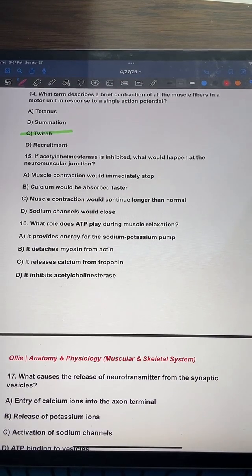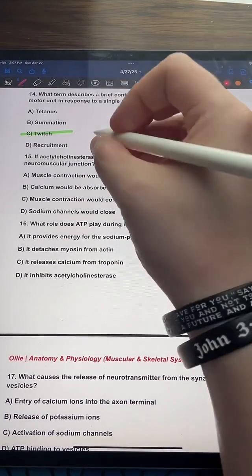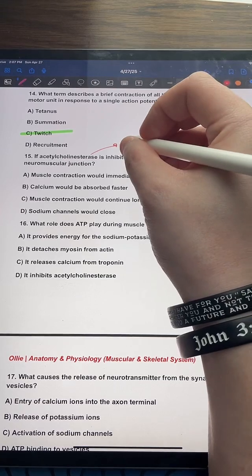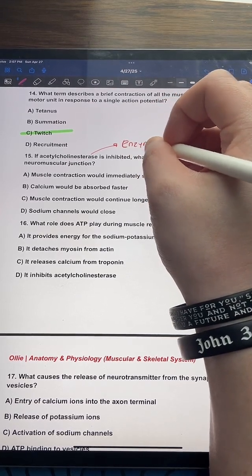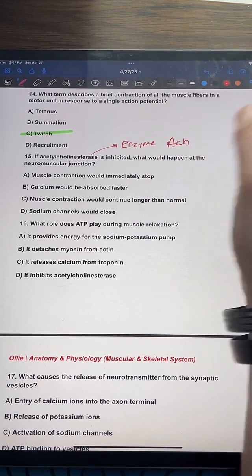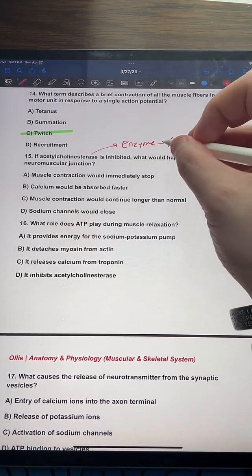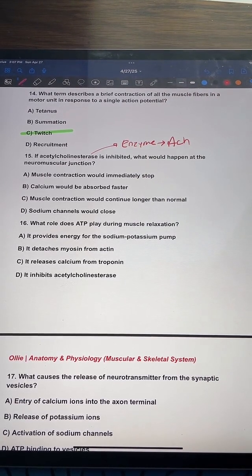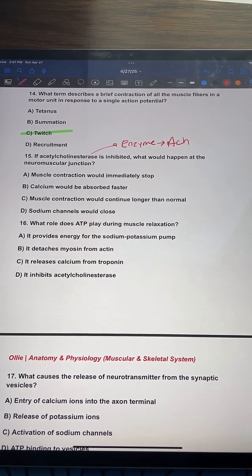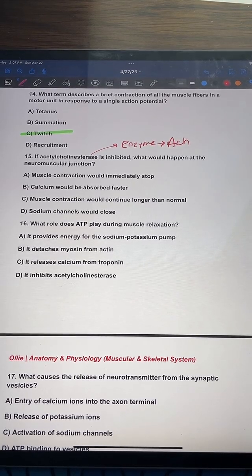Number 15, if acetylcholinesterase is inhibited, what would happen to the neuromuscular junction? If we remember, it is an enzyme that breaks down acetylcholine. So what would happen there if it had got inhibited? 15 is C. That is correct.